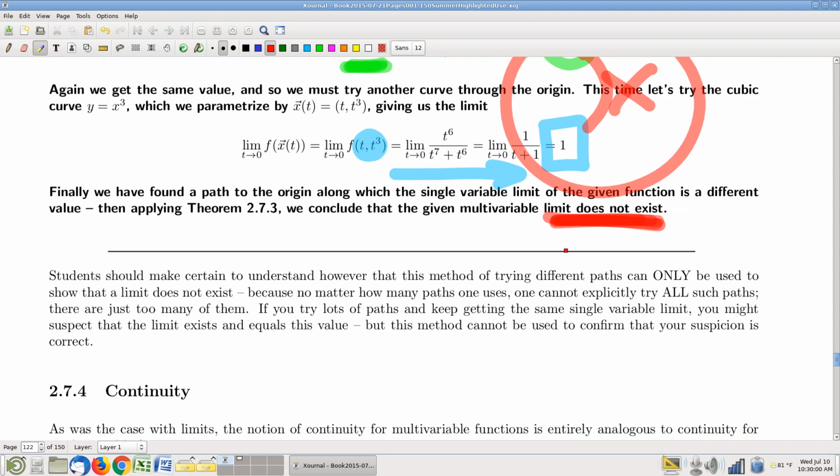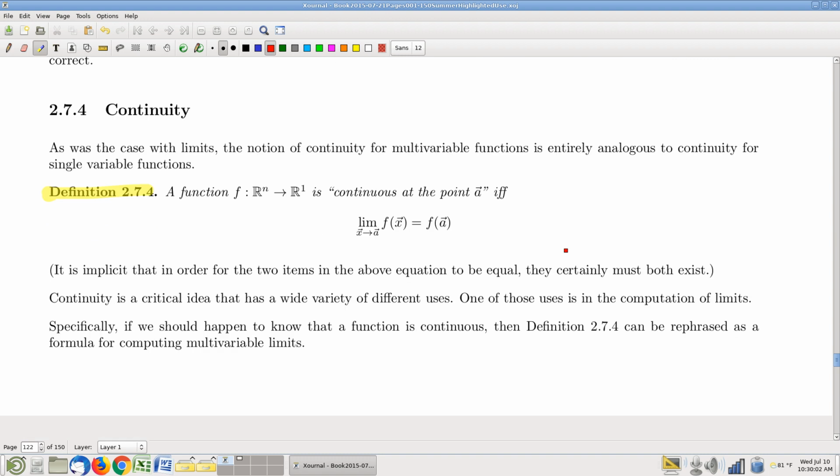All right. Okay, I'm going to go real quick through the next couple of things. They're pretty straightforward. Continuity, I hope you all remember continuity. It's another important idea in calculus. This is a definition of continuity. It looks just like the single variable definition of continuity. A function's continuous at the point A if three things.